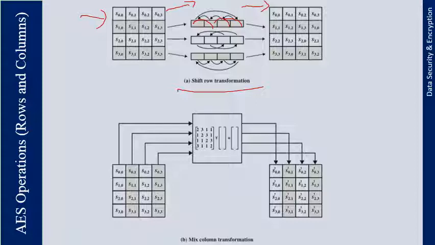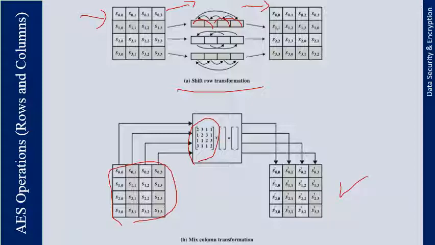Each byte of the column is mapped into a new value that is a function of all 4 bytes in that column. The transformation can be defined using a matrix multiplication on the state. If you have the initial state, you define a matrix and perform a multiplication of the two matrices to get the resultant state.